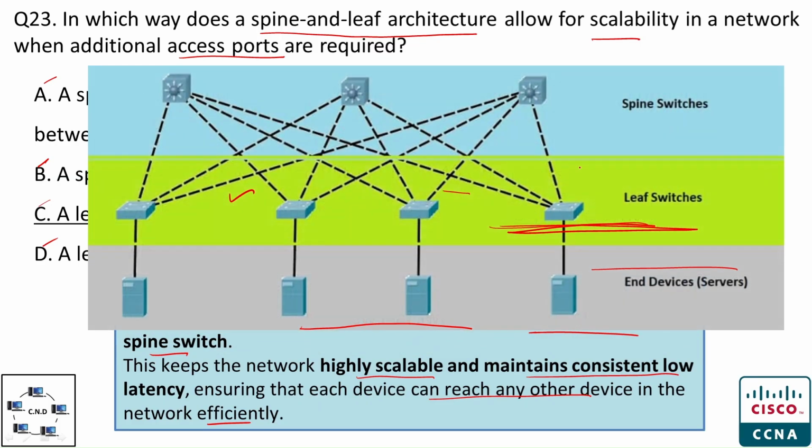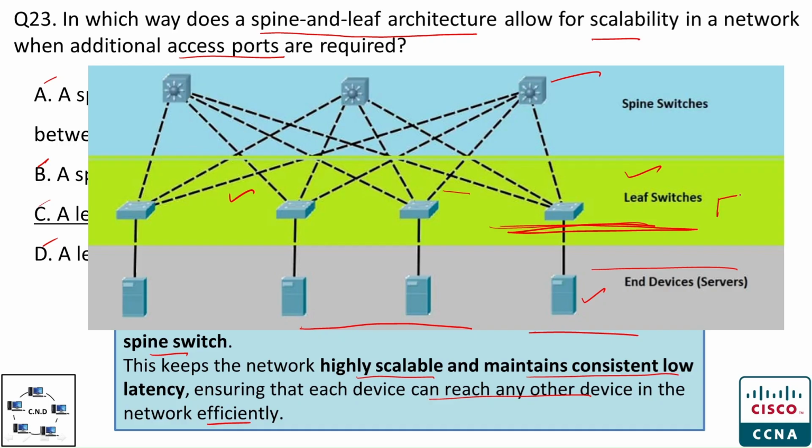So this is basically the leaf and spine architecture. We have at the top the spine switches, then we have the leaf switches, and the end devices such as servers are connected directly to leaf switches. So let's suppose our leaf switches are already populated and we have other end devices.